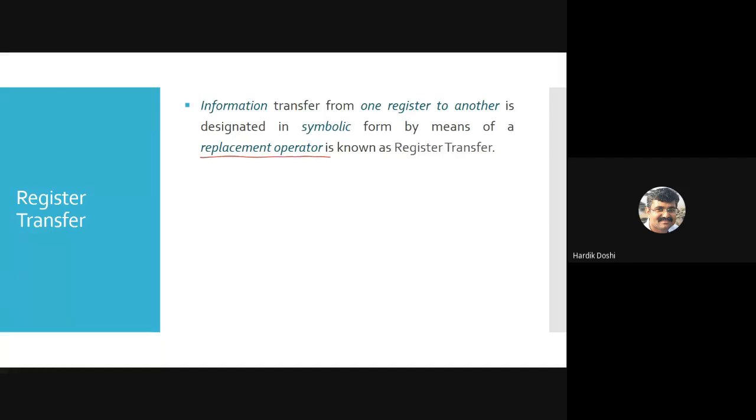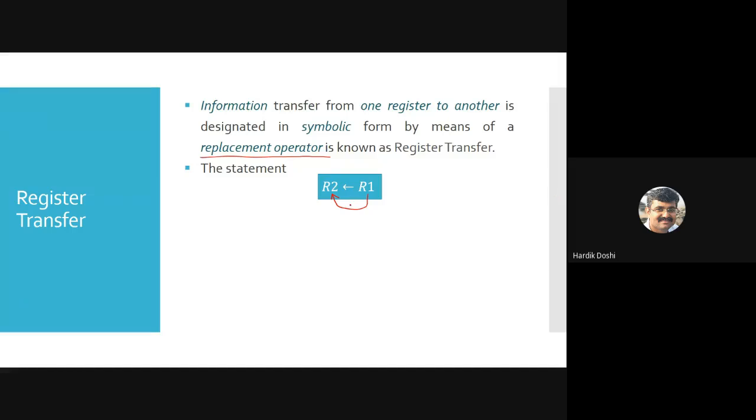Oh sir, this is a new operator? No, it is nothing new. Let's say this is a statement. Understand the statement: R2, arrow, R1. Now, the direction of the arrow is on the left side. What does this indicate? The data from R1 is to be transferred to R2.